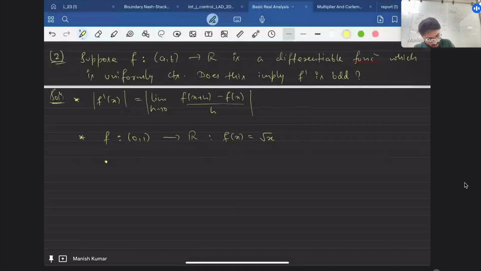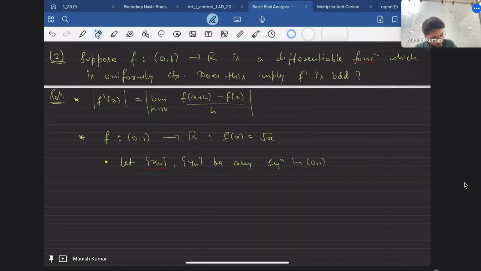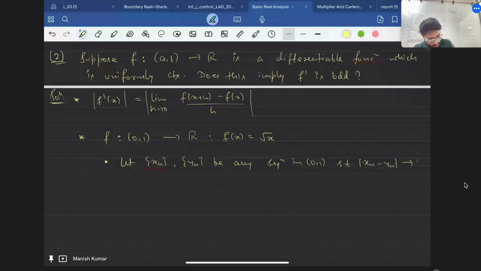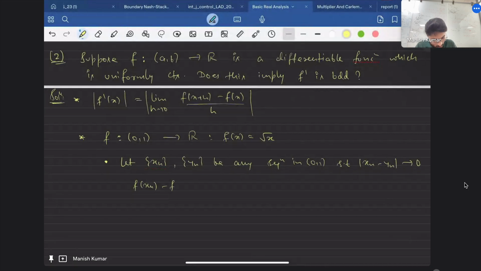Let xn, yn be any sequence in 0 1 such that mod of xn minus yn goes to 0. So f of xn minus f of yn, if you do, what do you get? This is root of xn minus root of yn.